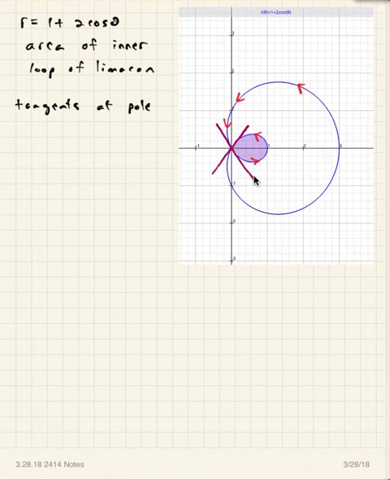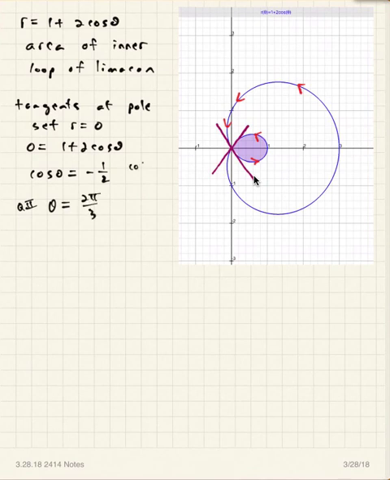So tangents at the pole, we set r equal to 0. So we have 0 equals 1 plus 2 cosine theta. And I set up the numbers so that they work out relatively nice. We get cosine of theta equals -1/2. And so cosine is equal to +1/2, remember, at pi over 3. So this would be the quadrant 2 version of pi over 3, which would be 2 pi over 3.